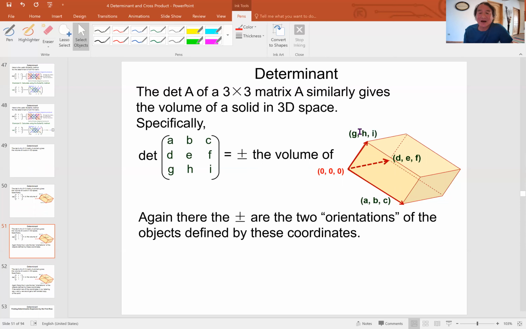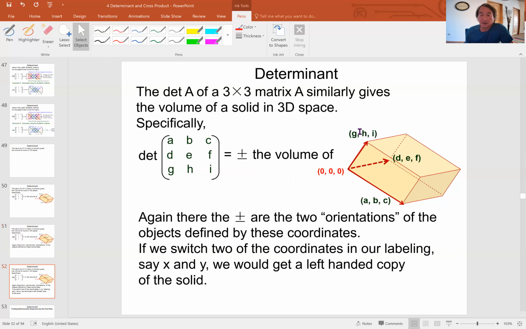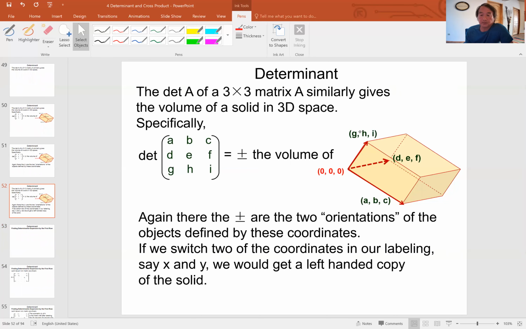The sign, again, is a signed volume. It could be positive or negative, depending on the order of the three vectors or three points that you put into the matrix.